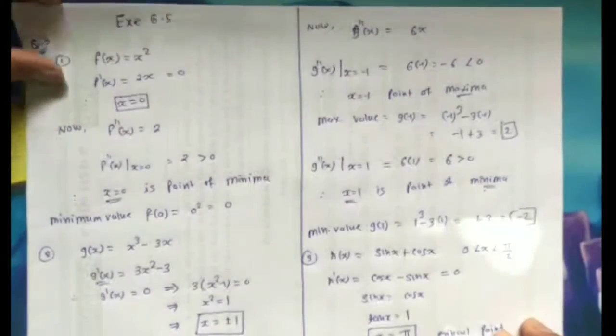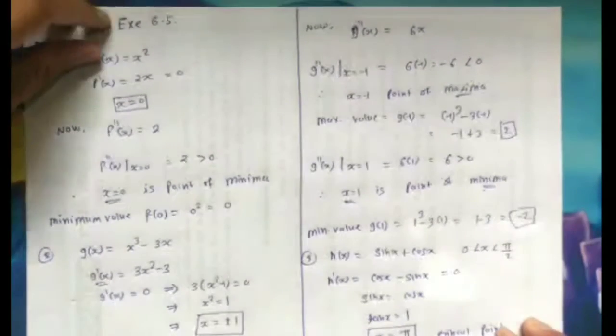For this, we have to check the value of h double dash x. So now h double dash x, second order derivative. What is our h dash x? Cos x minus sin x was there.